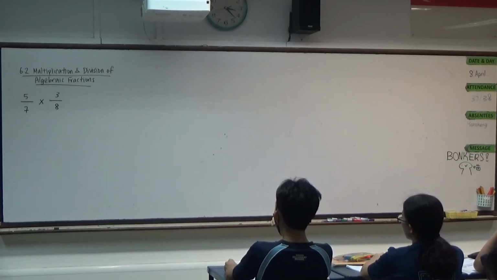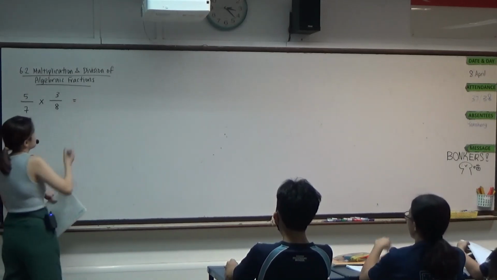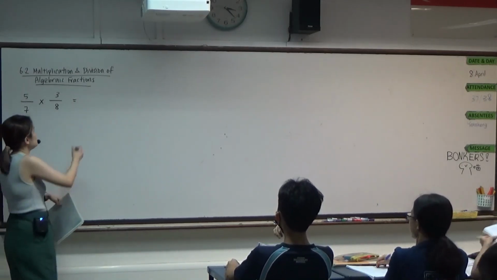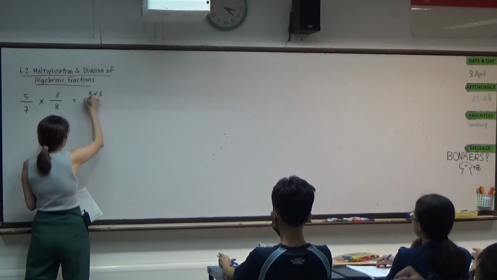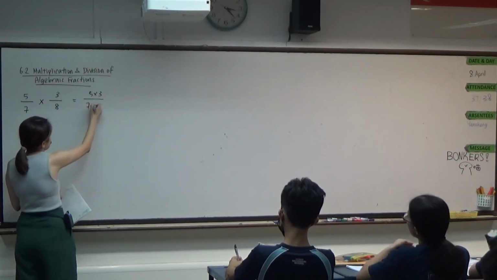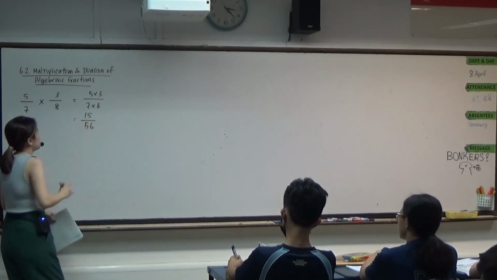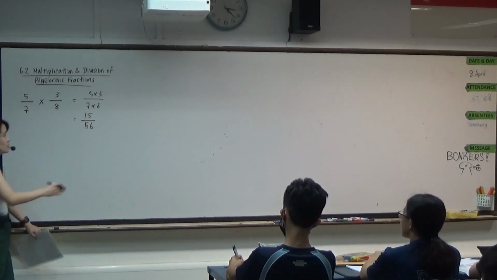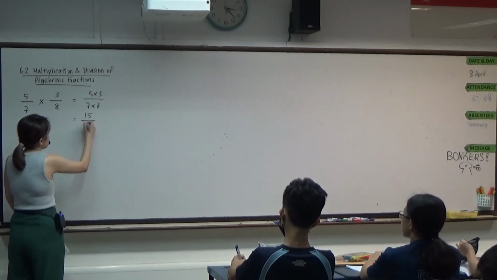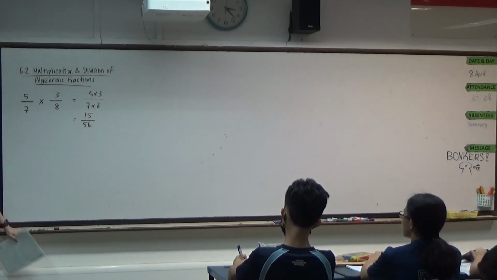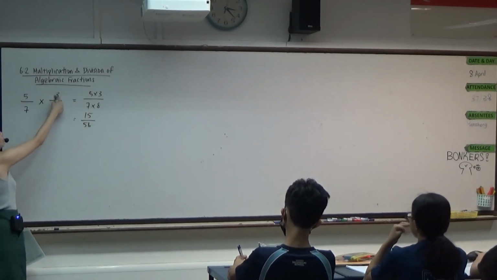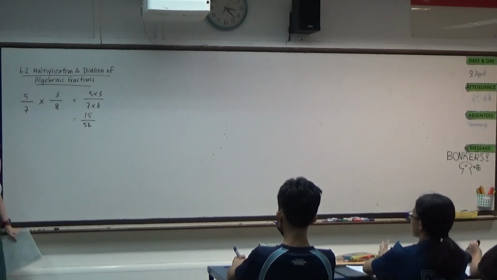How do I multiply these two fractions? 5 times 3, and in the denominator, 7 times 8, right? So we will get 15 over 56. That is the key concept when it comes to multiplication of fractions: numerator times numerator, denominator times denominator.